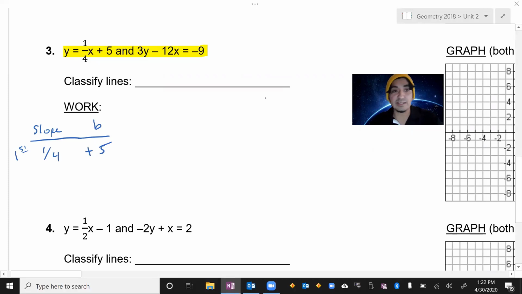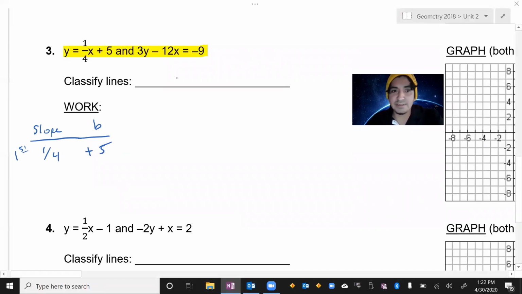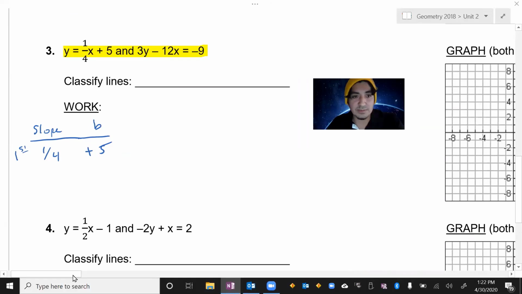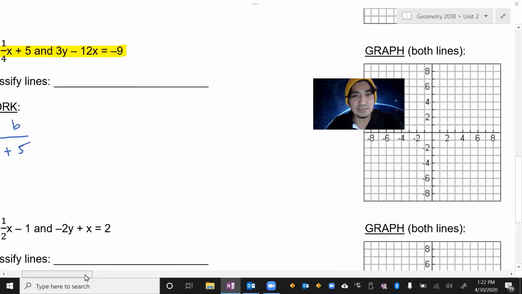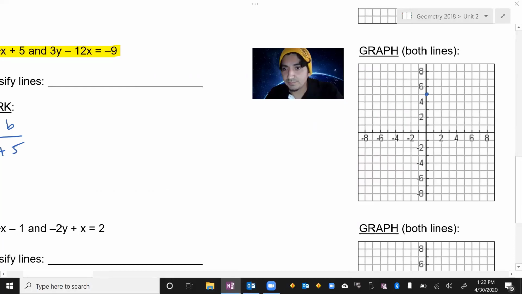That can help me out a little later. When I graph it, it's +5 and then 1/4 rise over run. My y-intercept's +5, so I'll go to +5 here. And then it's up 1, over 4: 1, 2, 3, 4. Up 1, 1, 2, 3, 4. So there you go, that's the first line that you have to work with.